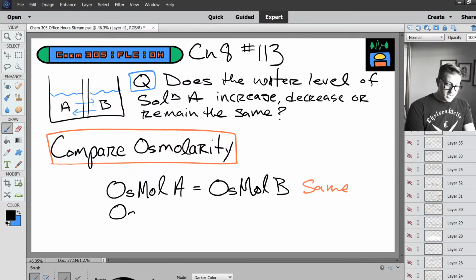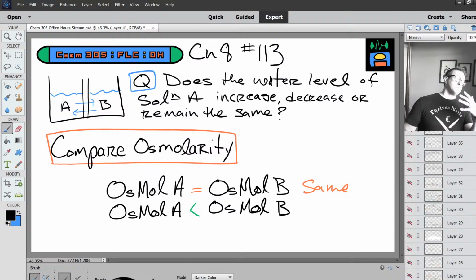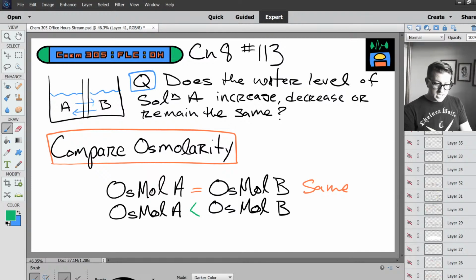If the osmolarity of A is less than the osmolarity of B, that means B has a greater osmotic pressure and A is more dilute, so water will flow from A to B, and the water level for A will decrease.